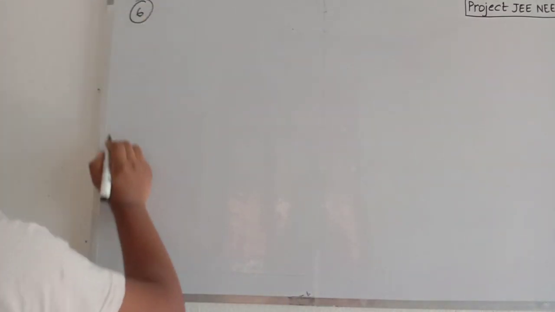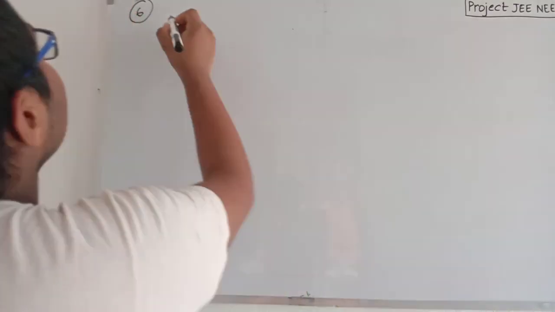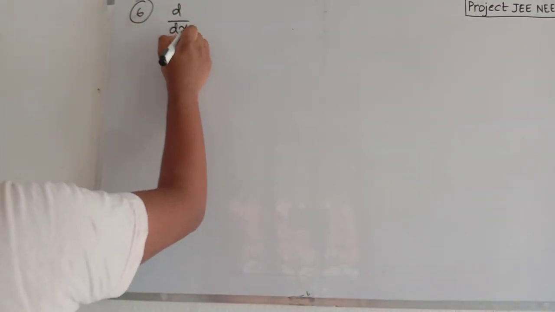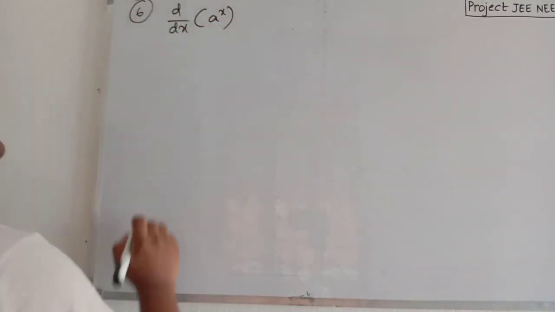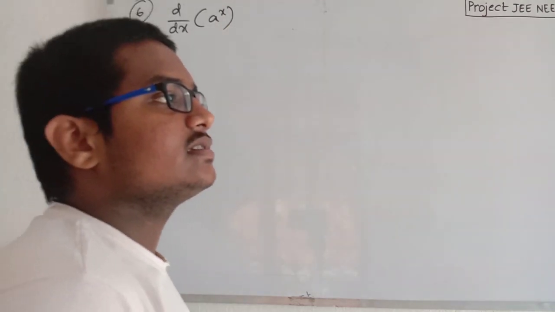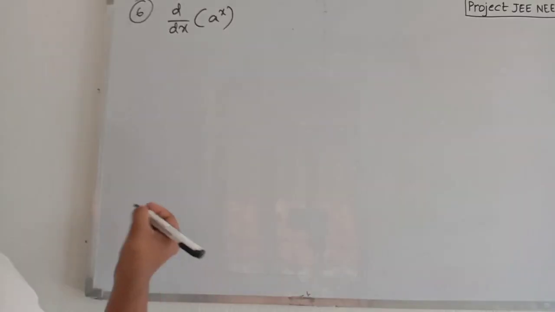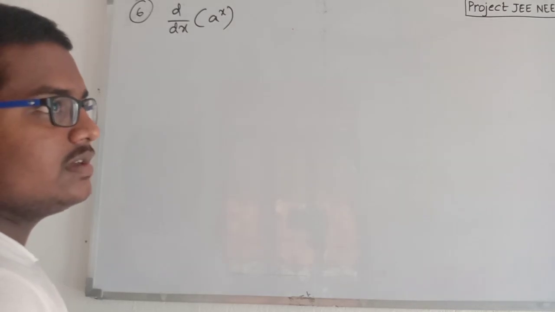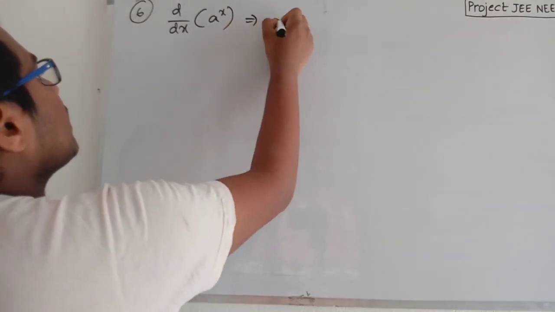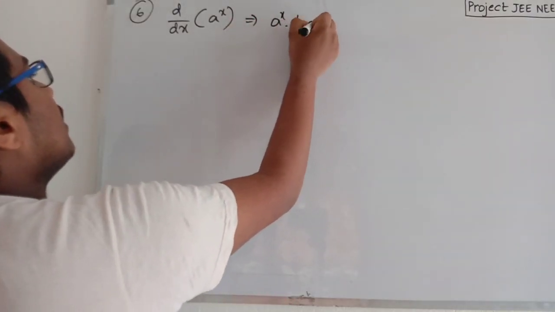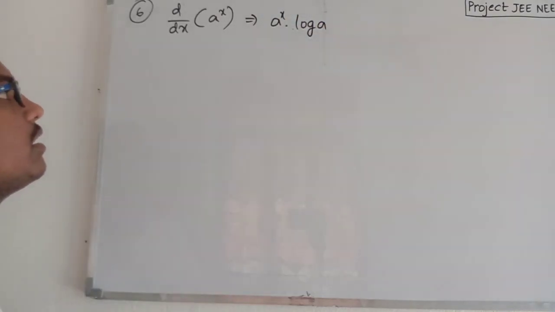Next, the sixth formula is d by dx of a power x. What is d by dx of a power x? It is actually a power x into log a.